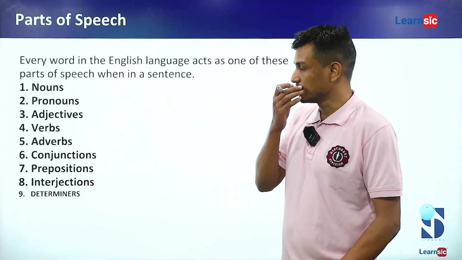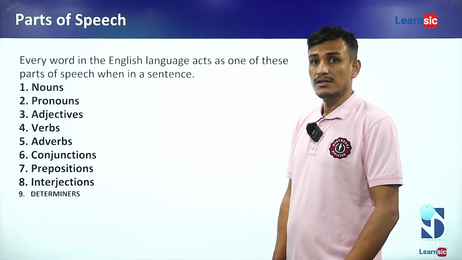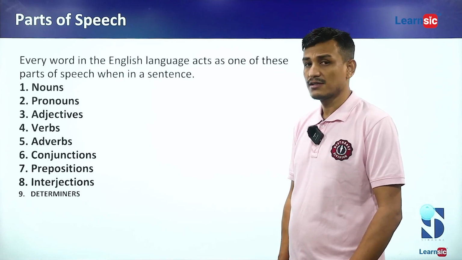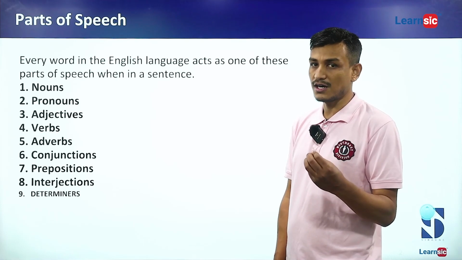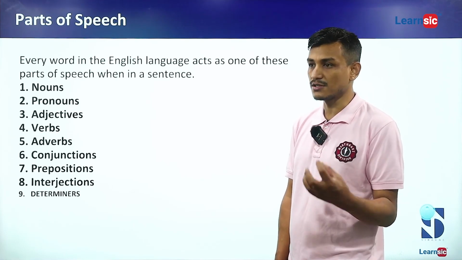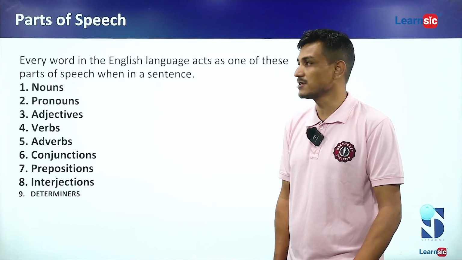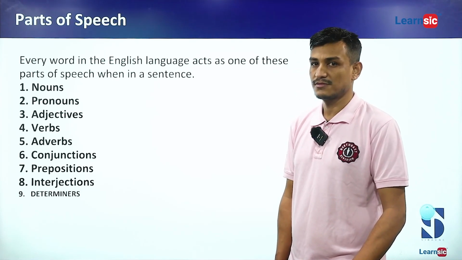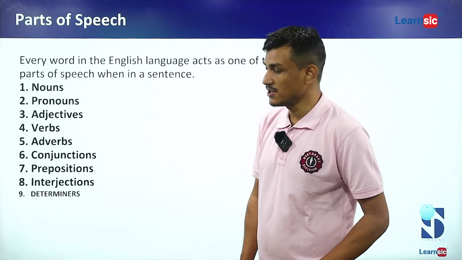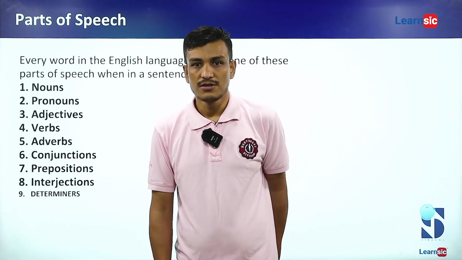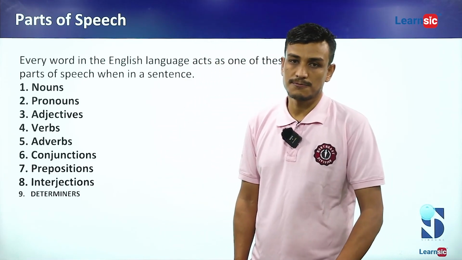Okay, so let me say nouns. Nouns are the doers of the sentence, the action doers. The most essential part of the sentence is the noun. When the noun gets supported by verbs, it is said that the sentence is made.